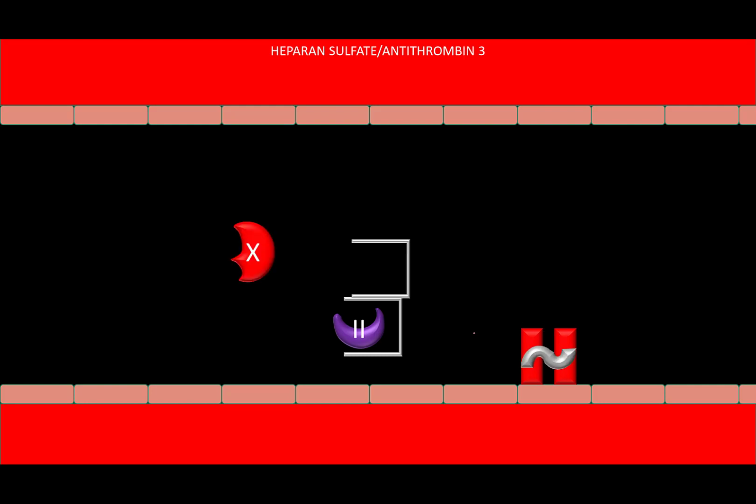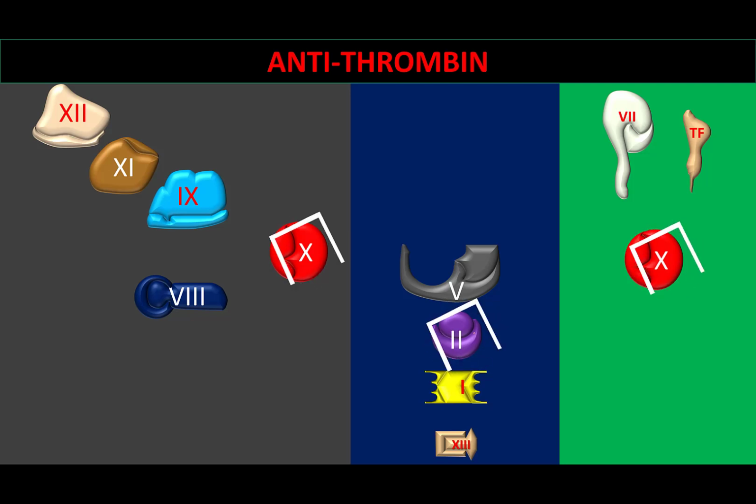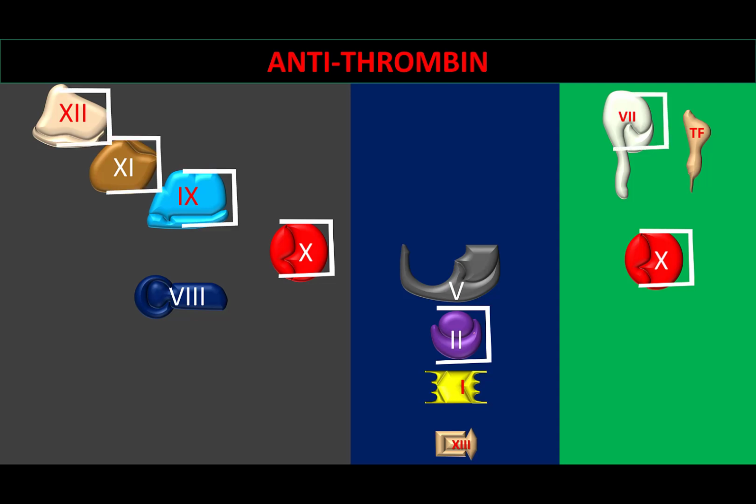It predominantly has its effect on factor 2 and factor 10, and then on factor 9, and it acts on most of the other clotting factors. Its main effect is on factor 2 and factor 10, but it can inhibit factors 12, 11, 9 and 7 as well. So this is one more indirect mechanism of fibrinolysis, antithrombin 3. This is exactly how heparin acts, because heparin potentiates antithrombin 3.